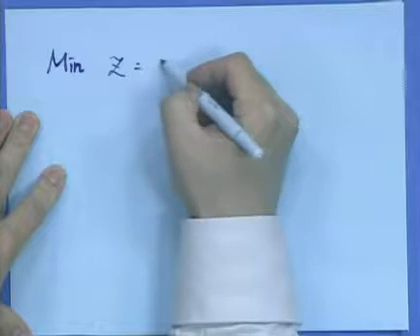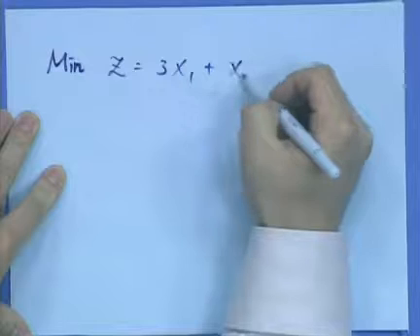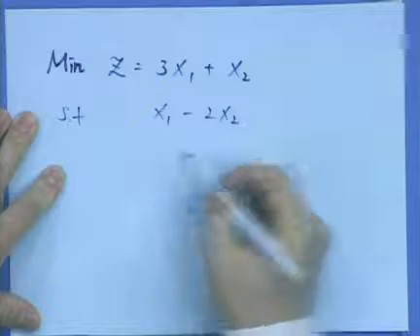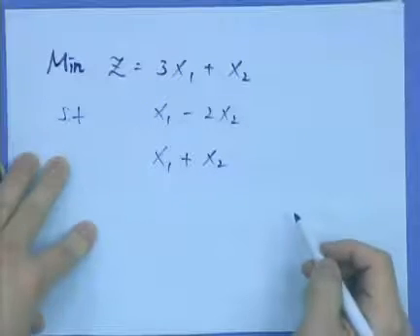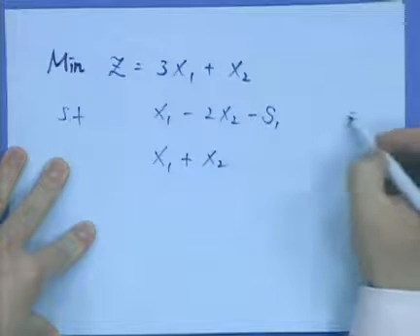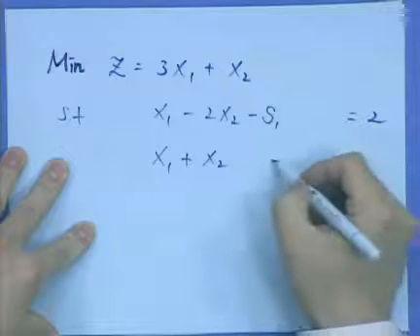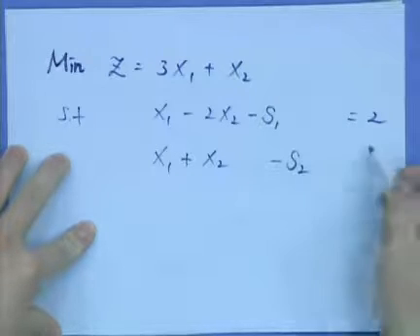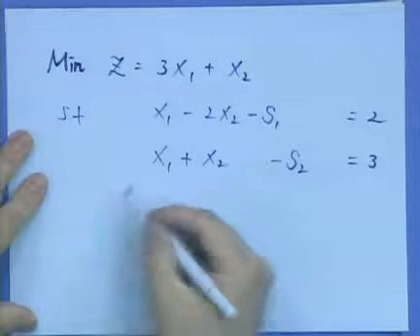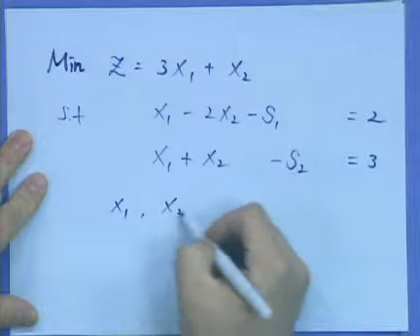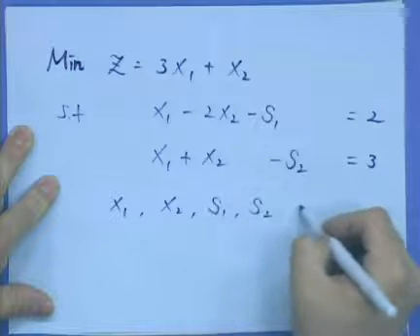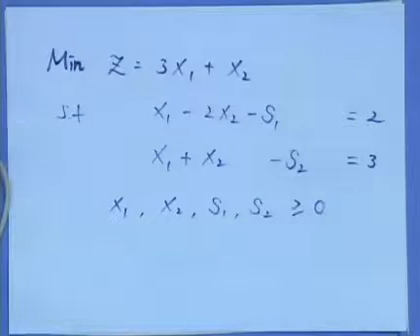So G is going to be 3x1 plus x2 subject to x1 minus 2x2, x1 plus x2. So subtract the first surplus variable from the first constraint, equals 2, subtract the second surplus variable from the second constraint, and it becomes 3, right? And all of the variables x1, x2, and both surplus variables s1, s2 must be greater than or equal to 0, right?